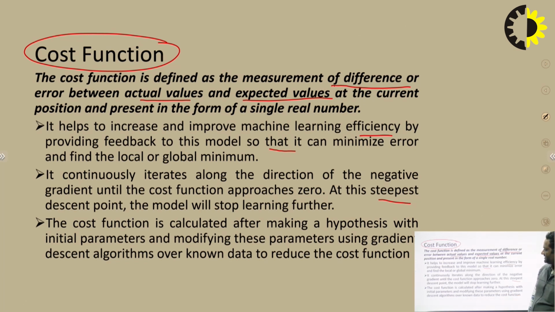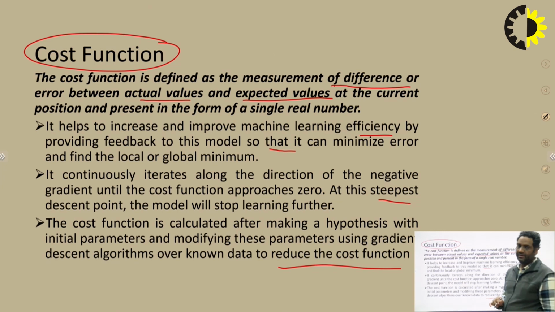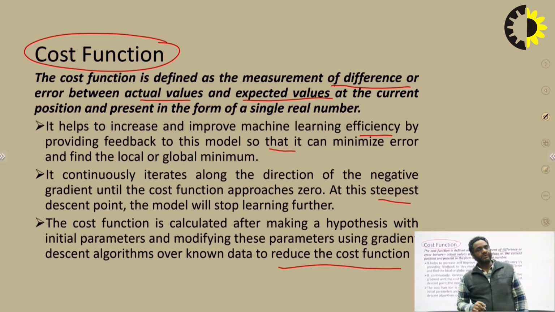The cost function is calculated after making a hypothesis with initial parameters and modifying these parameters using the gradient descent algorithm over known data to reduce the cost function. So what is the cost function here? I already told you, to find the minimum value, we need to find the gradient.